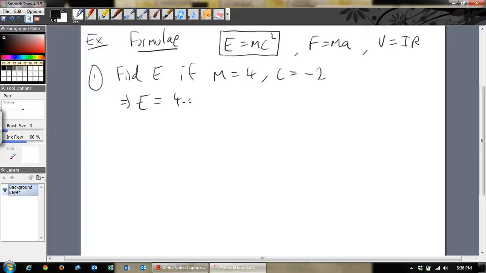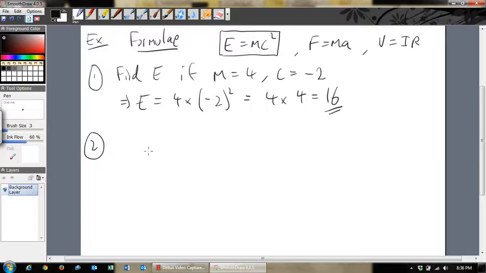So it's going to be 4 times -2 squared. Instead of writing m, I've written 4, and instead of writing c, I've written -2. Now just be careful here. It's powers first. BidMath, you need to do brackets and indices first. So that's 4 times -2 squared. -2 times -2 is 4, so it'll be 4 times 4, and the answer is 16.